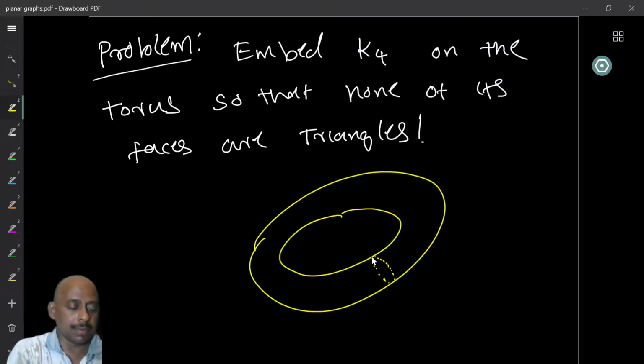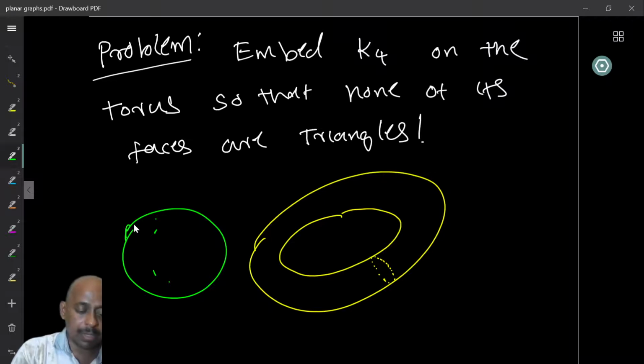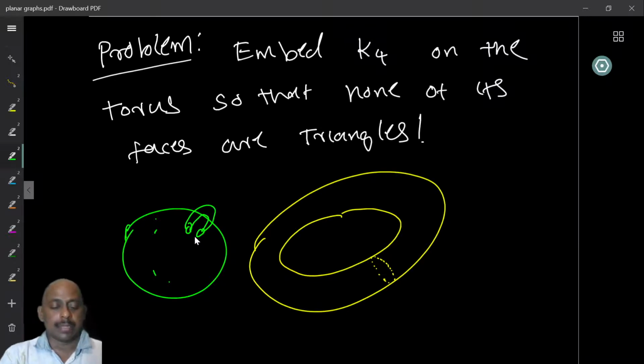Okay. Like if you take a sphere, and then you attach a handle, like this, then this topologically is equivalent to the torus.